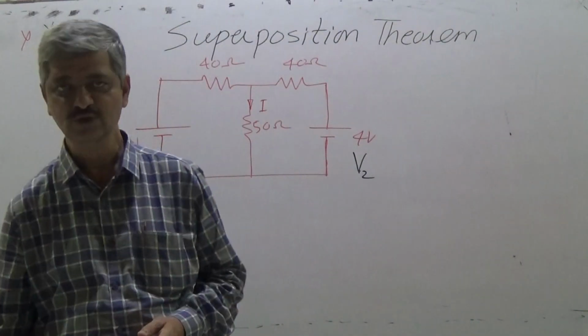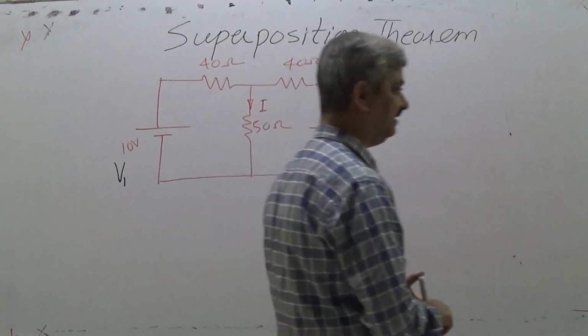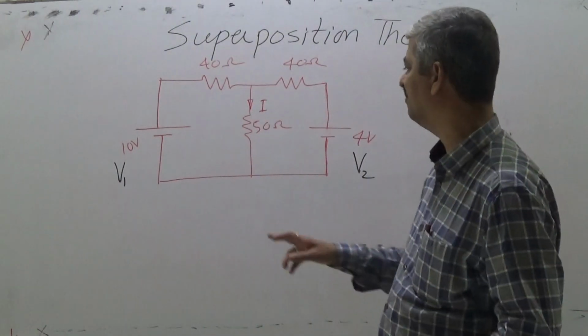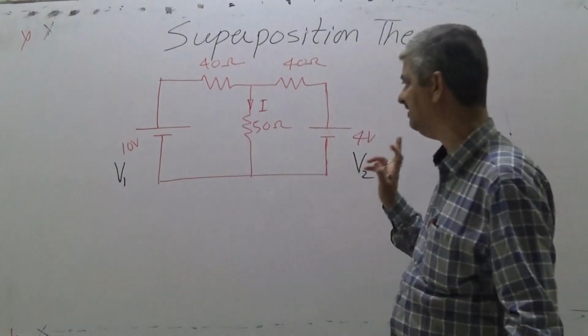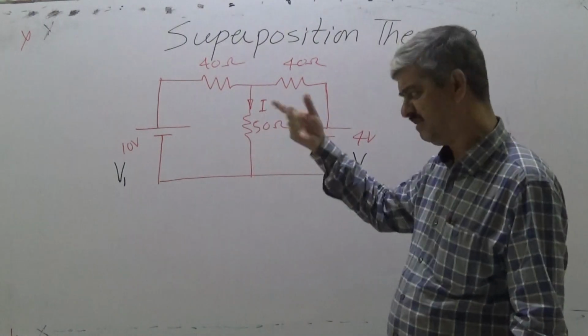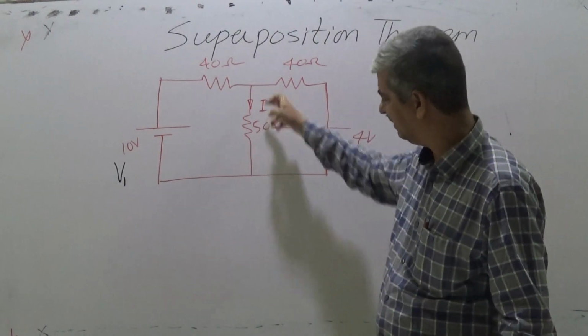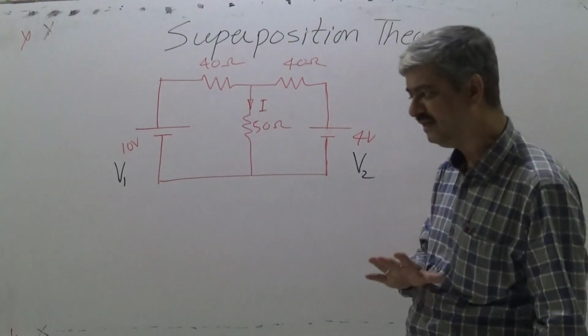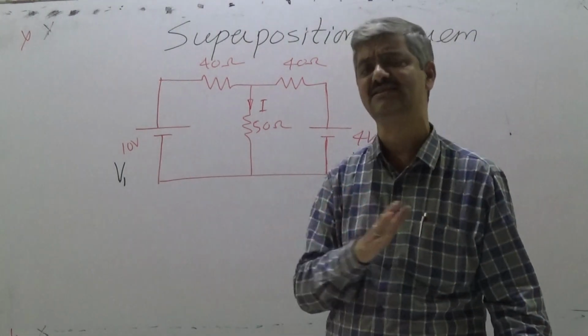So superposition theorem is very simple. Superposition theorem states that when you have multiple sources in a circuit and you are expected to compute current or maybe voltage, current through a given resistance, in that case you can do it separately.